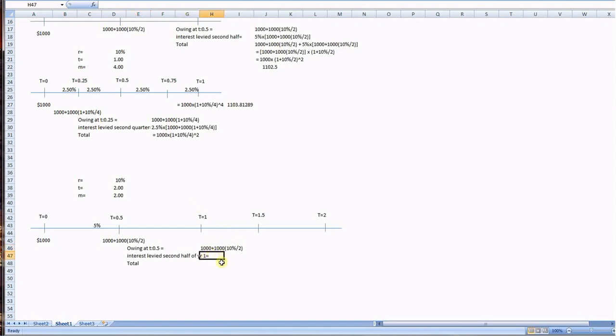So this will be simply 5% multiplied by this amount, interest on interest.